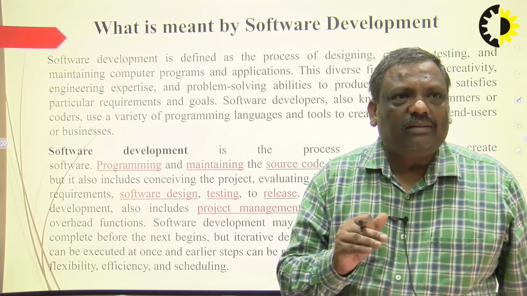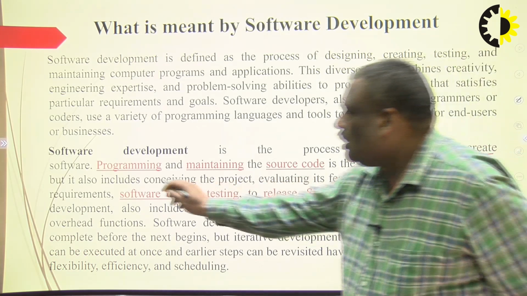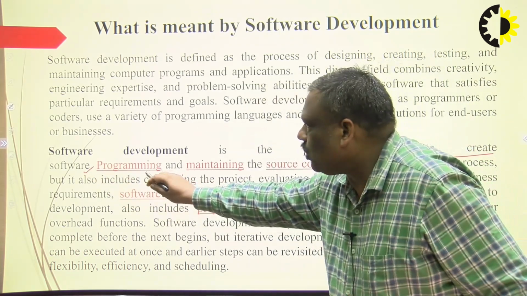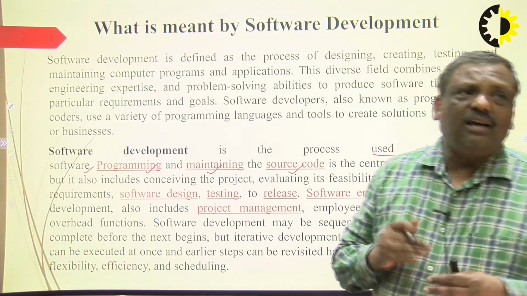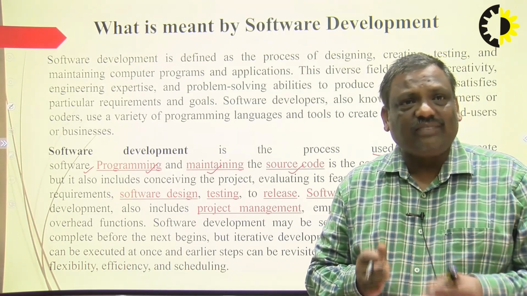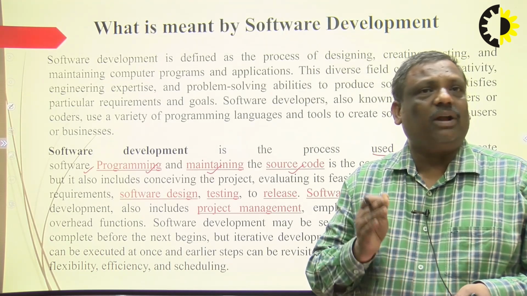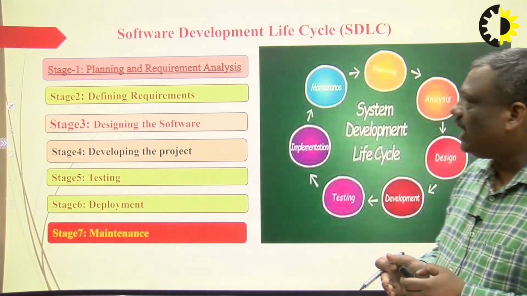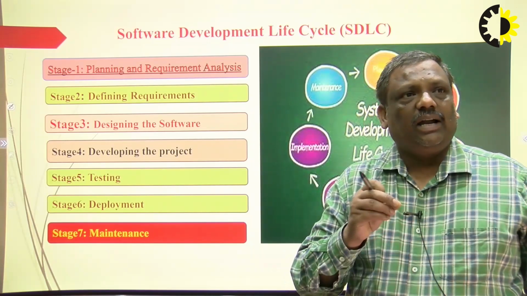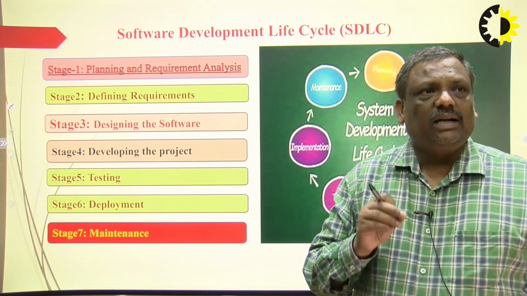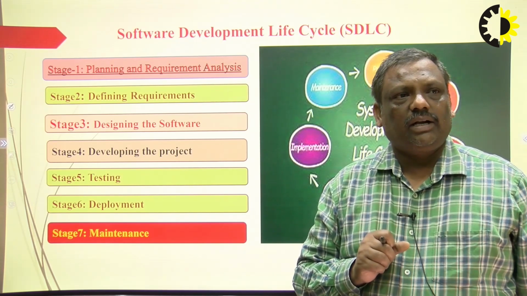It is a process used to create software, programming and maintaining code, and these are known as phases. We earlier discussed the SDLC model, where we have a number of phases: planning and requirement analysis, defining requirements, designing the software, developing the project, testing, deployment and maintenance.